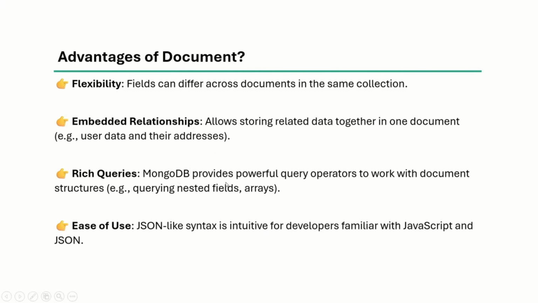MongoDB also provides powerful query operators to work with document structures, like querying nested fields, arrays, etc. And since we use JSON-like syntax to store data, it is easier for developers already familiar with JavaScript and JSON to understand and work with documents.